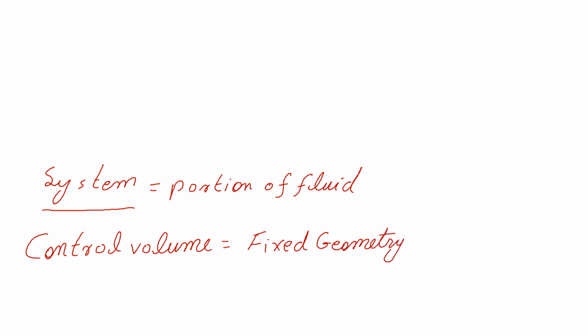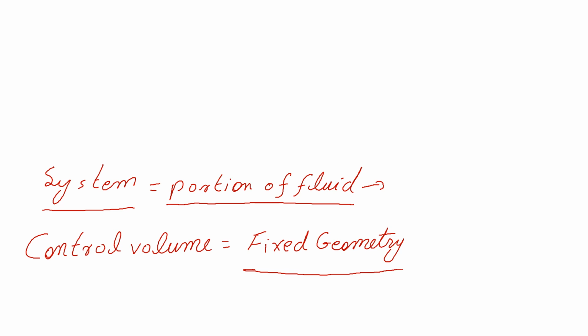Okay, so by system I mean a portion of my fluid, because we are dealing with fluid kinematics. So whenever I say a system, I mean a portion of fluid, and by portion of fluid it means it is deformable. It can be deformed, it can flow, because we are dealing with fluid kinematics. And by control volume I mean that my geometry is fixed.